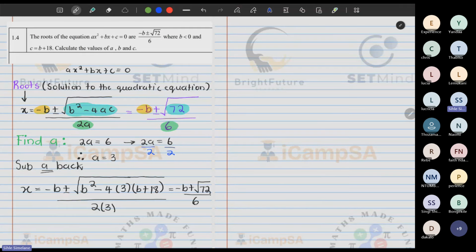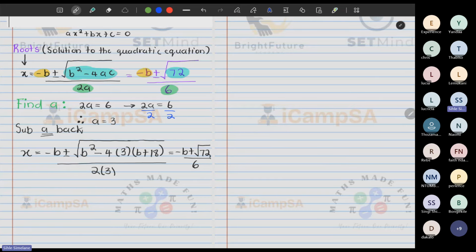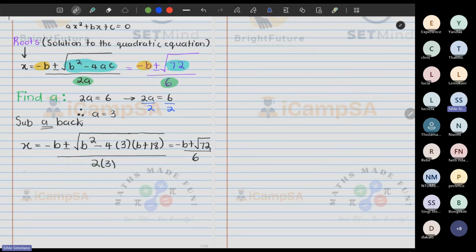divided by 6. So what I'm going to do, guys, is try and simplify this a bit, and then we work it out again. So we'll have minus b plus or minus the square root of b squared. 4 times 3 is 12, times b becomes minus 12b.